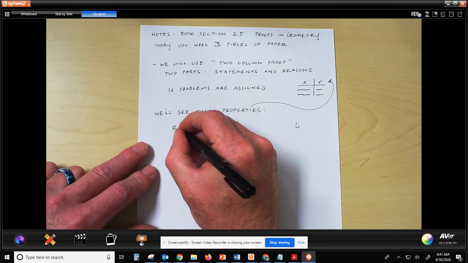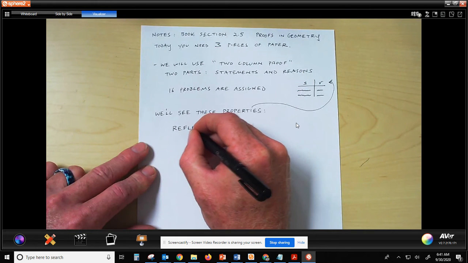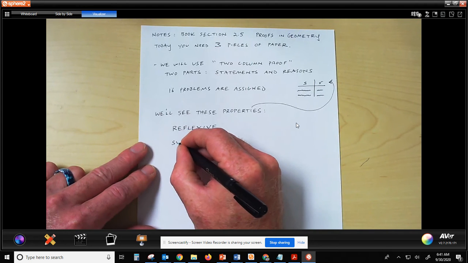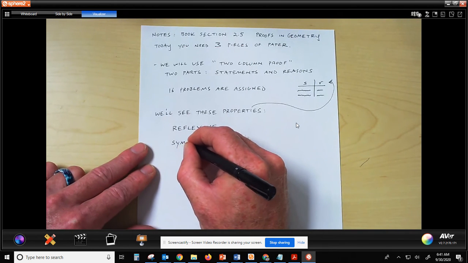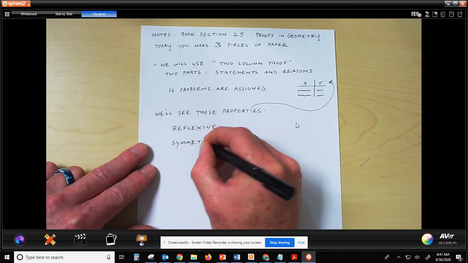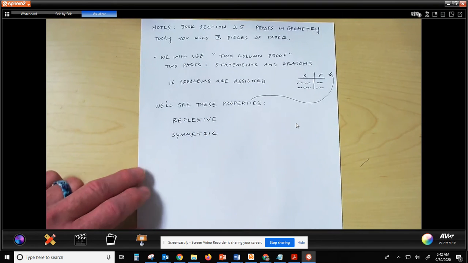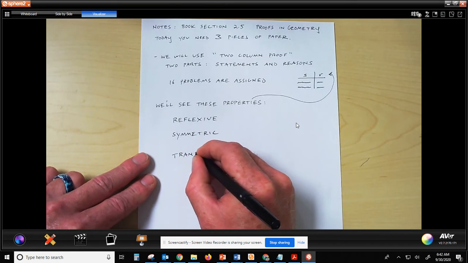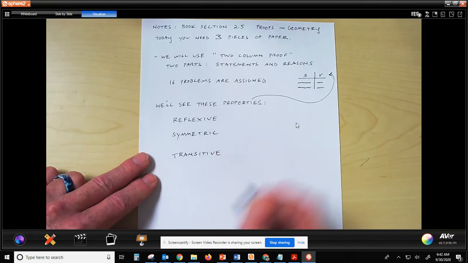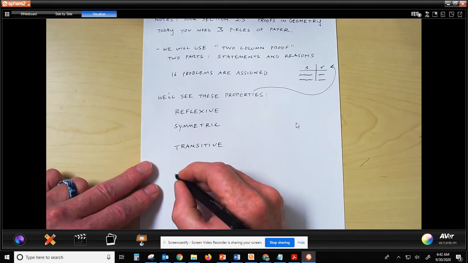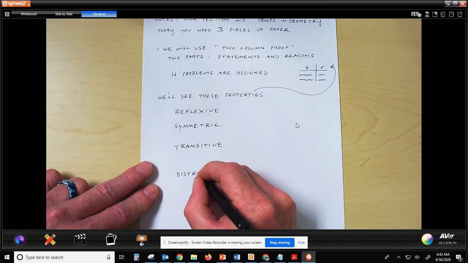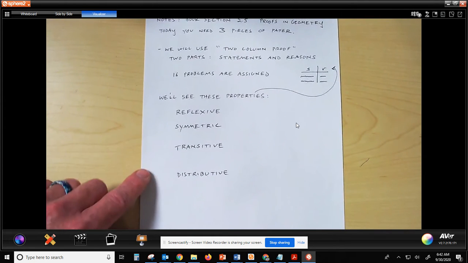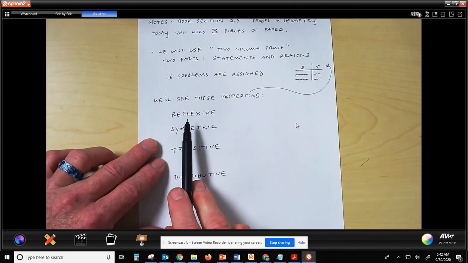There is the reflexive, and it's helpful to go over these a second day. The symmetric, okay, a little more space for the transitive property, and then the distributive property.